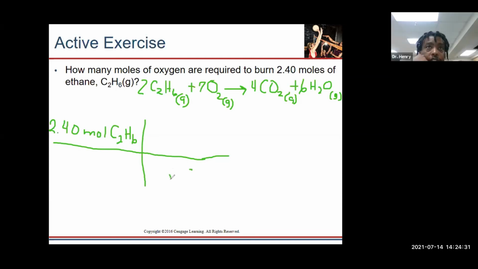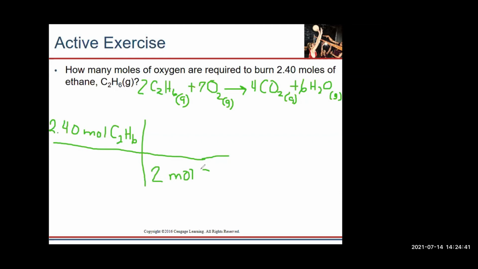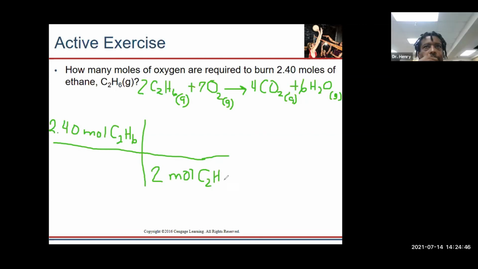So I'm going to have moles of C2H6. How many do I have in my chemical reaction? 2, or should I say my coefficient that I'm using. So it's 2 moles of C2H6. And on top, it's going to be oxygen. What is the coefficient? 7. Okay.